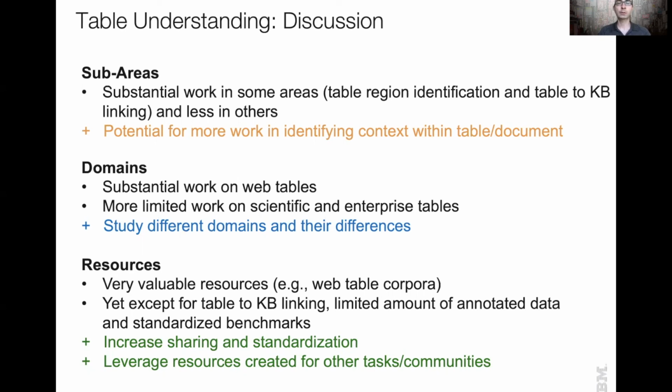Hopefully, with the addition of the DECO dataset and other work that is being done in the area, we can start studying more different domains and understand the differences of tables appearing in different domains and the unique challenges that they may pose.